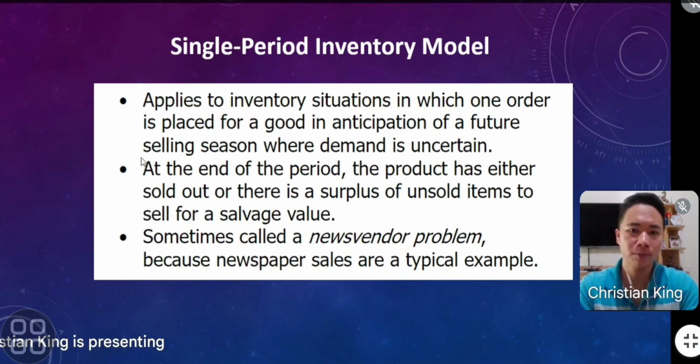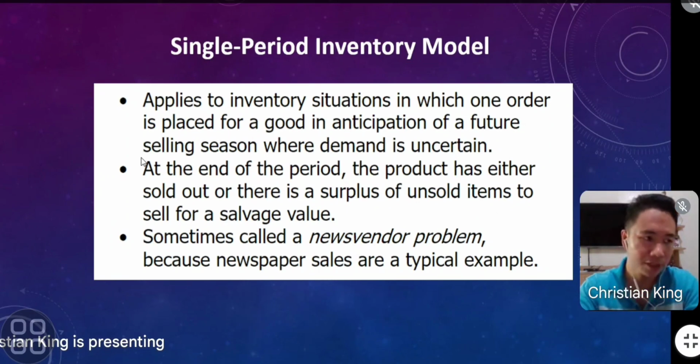As for the single period inventory model, to move on from the EOQ model, this type of model applies to inventory situations in which one order is placed for a good in anticipation of a future selling season where demand is uncertain.